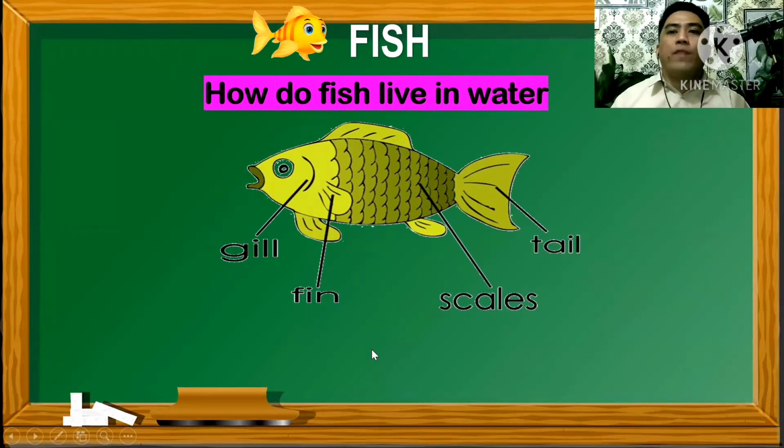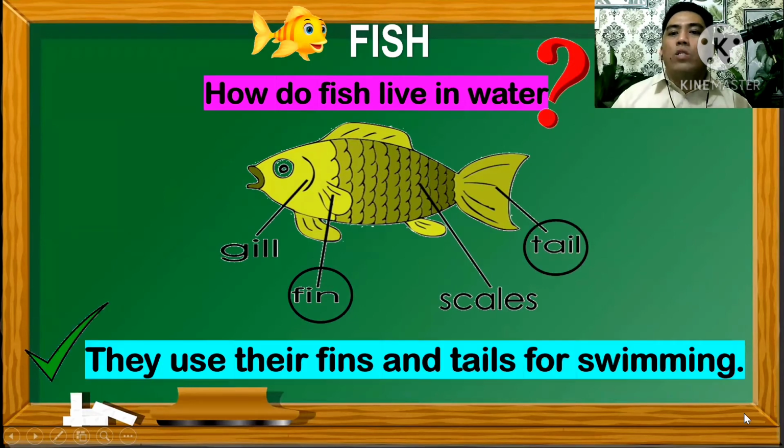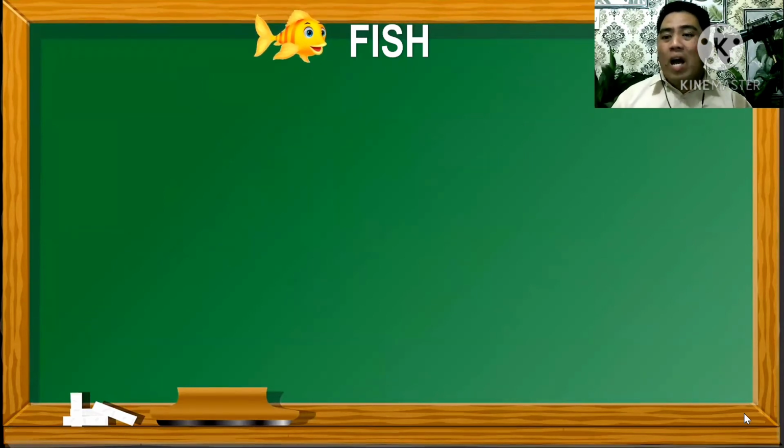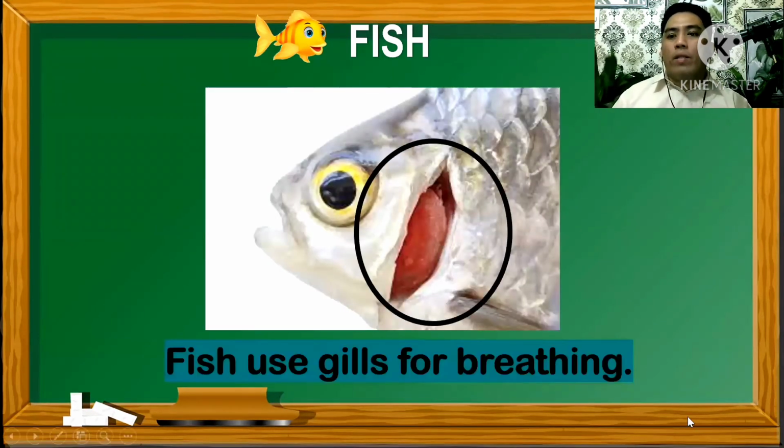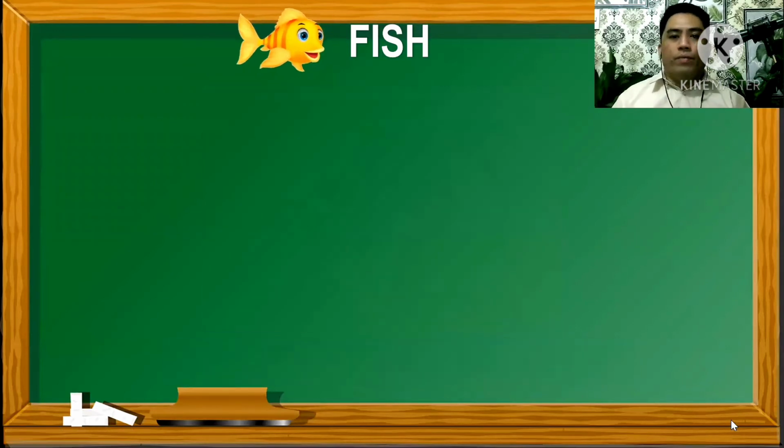They can survive in water because of the different body parts na mayroon sila, like the gills for breathing and fins and tails for swimming and balancing in water. They use their fins and tails for swimming and ginagamit na niya parang pambalance sa tubig. And of course, their gills for breathing under the water.